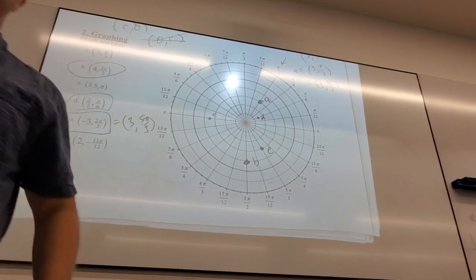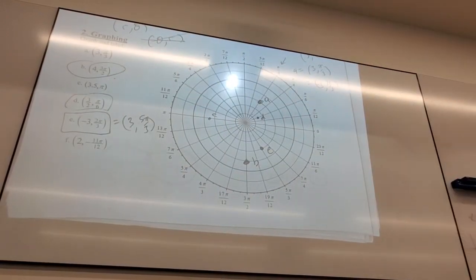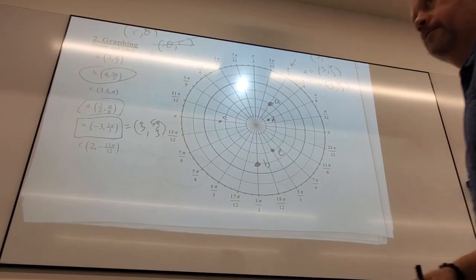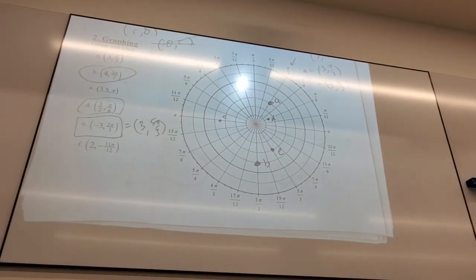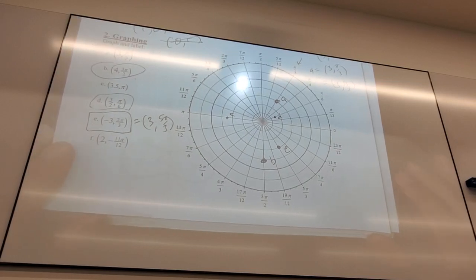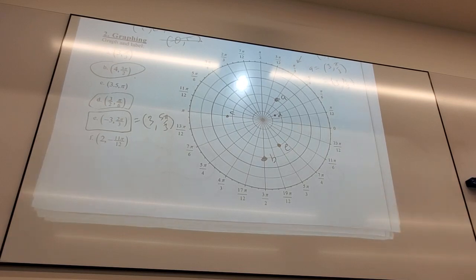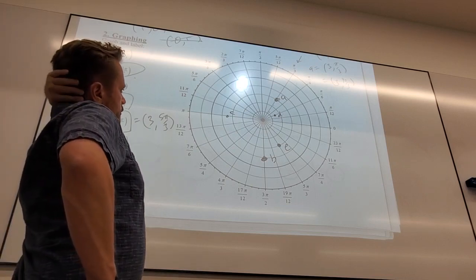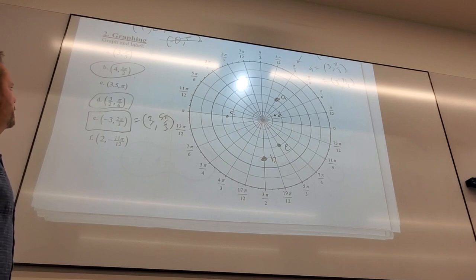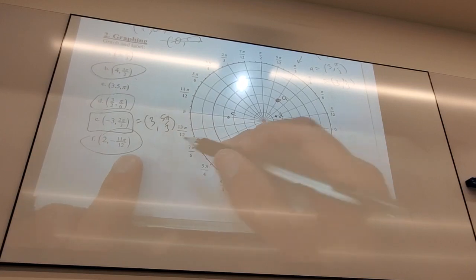Do F real quick. So in this one, I'm going to look, where am I going to, negative 11 pi over 12.